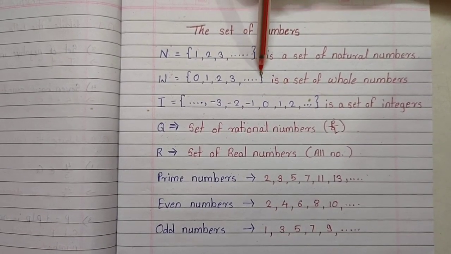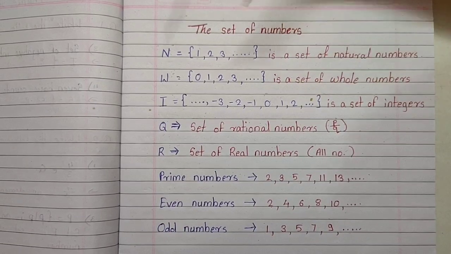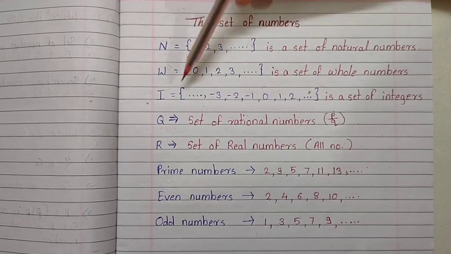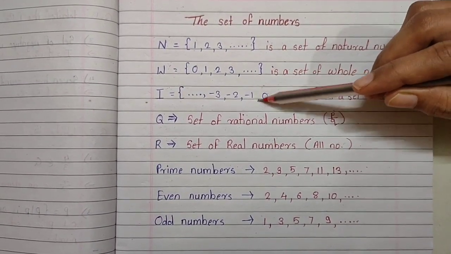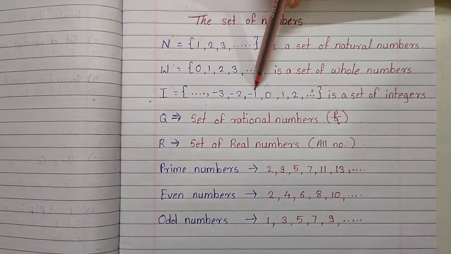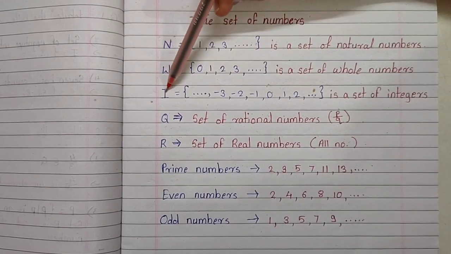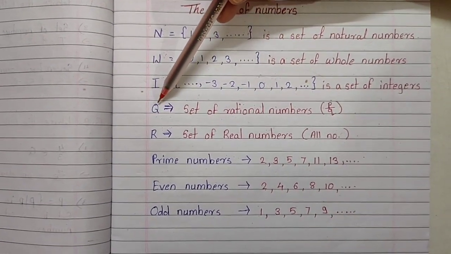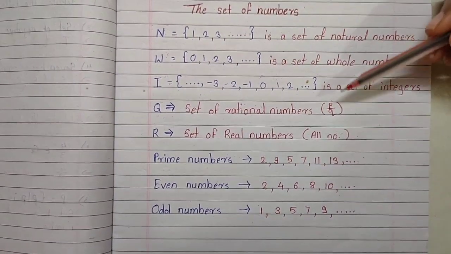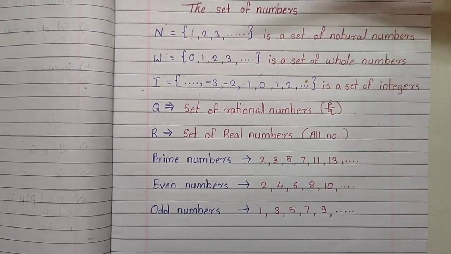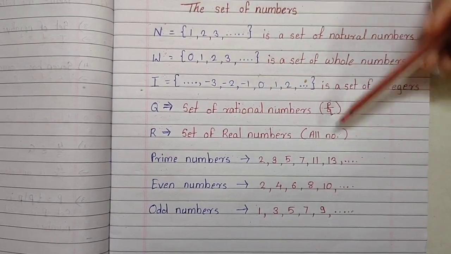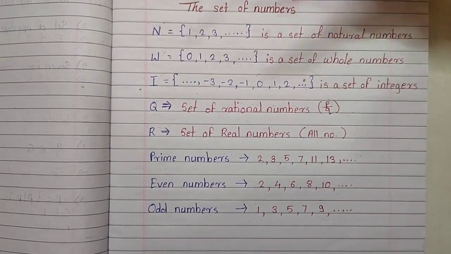Infinity means we don't know the end. Next is capital I, which denotes the set of integers. Integers are the numbers which contain 0, all the positive numbers and all the negative numbers, all together. Next is capital Q, the set of rational numbers. Rational numbers are of the p upon q form. Capital R is the set of real numbers, meaning all numbers, rational and irrational together.